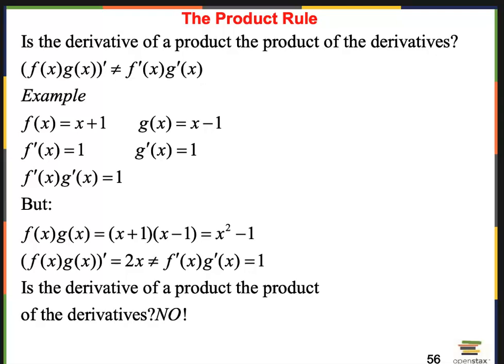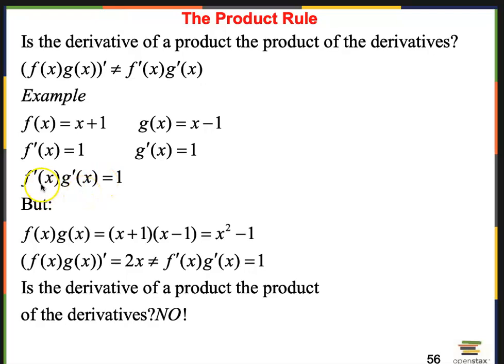All right, is the derivative of a product the product of derivatives? And here we're going to say no. The derivative of a product is not the product of derivatives. Looking at an example, f of x and the derivative of f of x, g of x and its derivative. If I multiply the two derivatives, what do we get when we multiply these two?